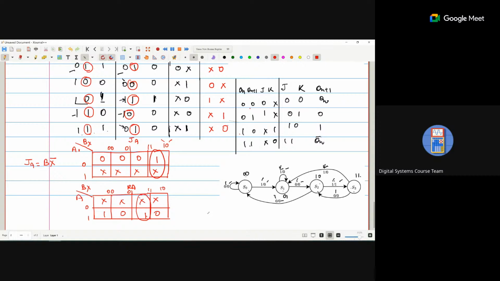So one group is this one and one group is this. So K is nothing but B bar X bar plus B X. Okay, so this is correct.